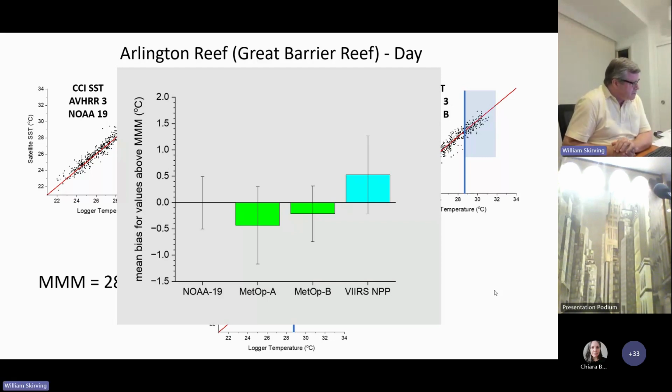MEDOP A is negative bias, a little bit smaller than the bias in VIIRS, which is positive, of course. MEDOP B is not too bad, and NOAA 19 was pretty well non-existent. So on average, CCI did better than AXPO in that instance.